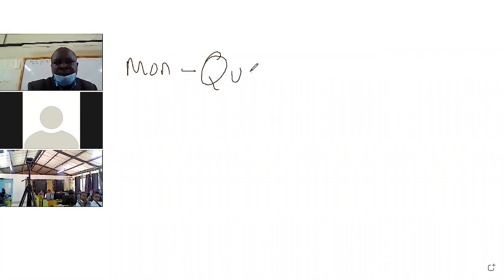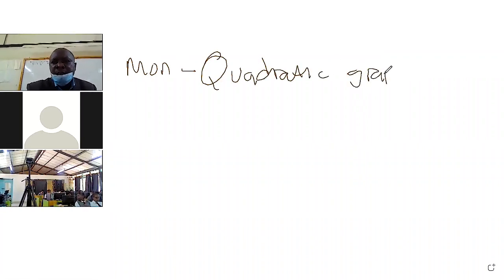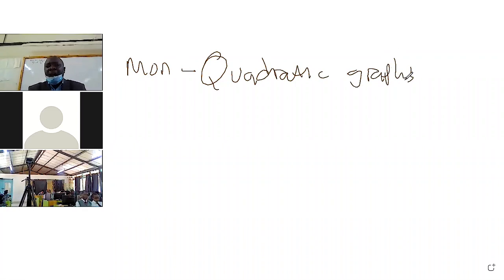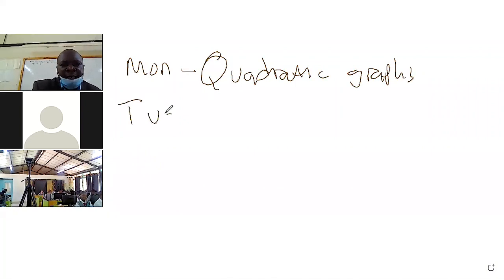So for example, on Monday, you can work out quadratic graphs. At least you solve 1 or 2. Quadratic graphs are very much connected to cubic graphs.